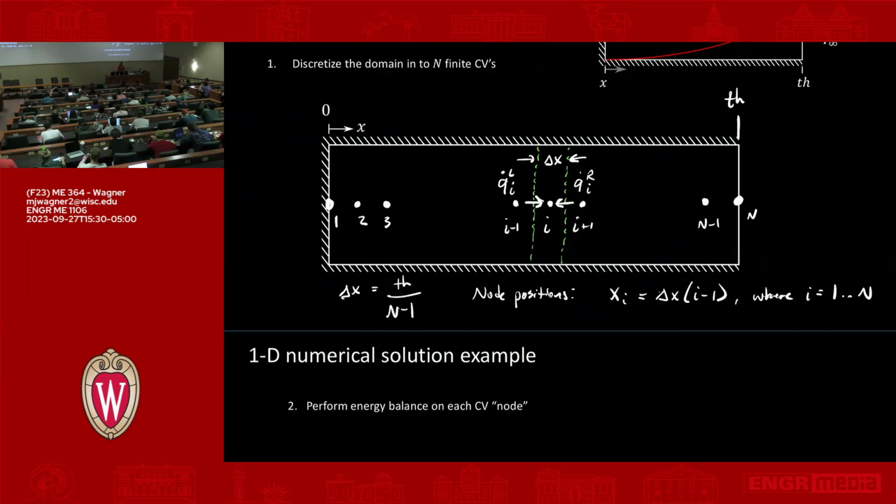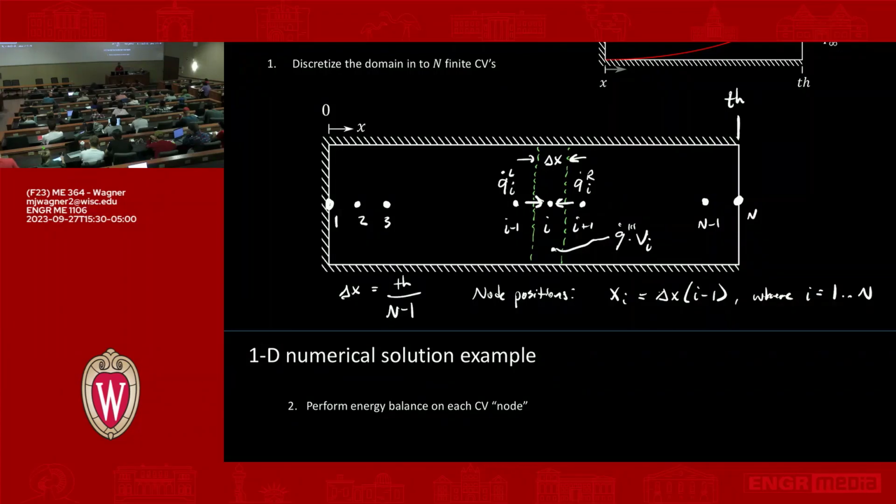In the end, if you're wrong about the direction, it just changes the sign, right? The solution should be the same. Okay, we also have generation, so I'm going to draw here, let's see, what do we have? We know that G dot triple prime times the volume of this node. So I'm going to say it's V sub I, right? It's the volume of the little control volume, not the entire thing.